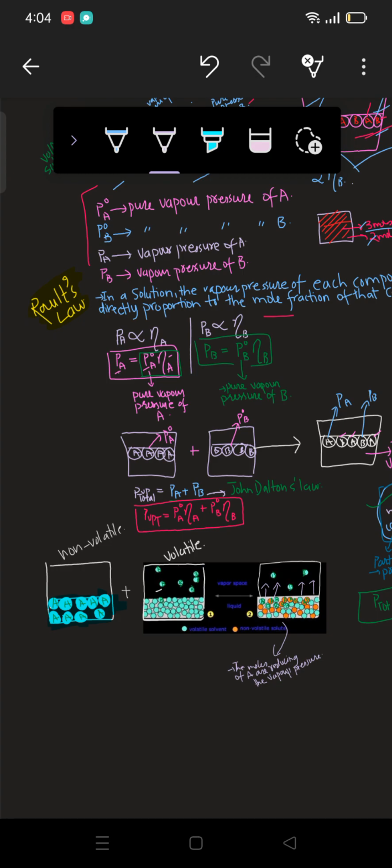So whenever they will not go up to the surface, how will they create the vapor pressure? So that's why when we mix volatile with non-volatile, the vapor pressure is reduced, and when we mix volatile with volatile, the vapor pressure is increased.